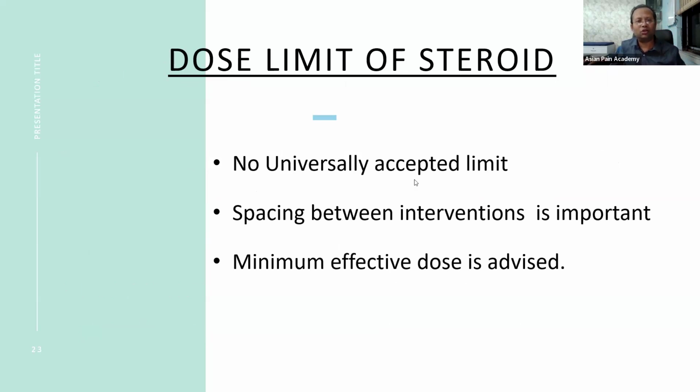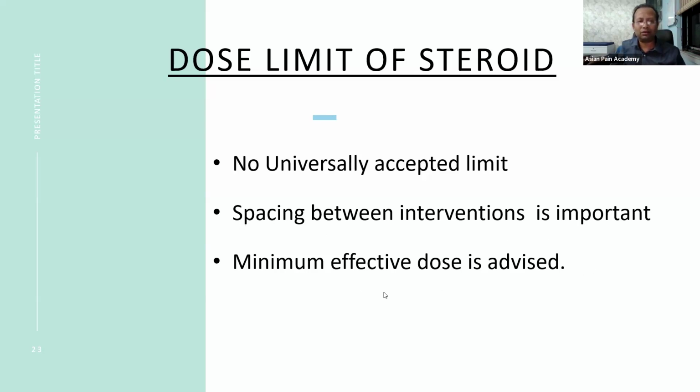Dose limit of steroid: there is no universally accepted limit. Mainly, the spacing between interventions is important. Though this spacing is also not fixed globally, at least after one intervention, another intervention should not be done within 1 month. More than 1 month is a must.